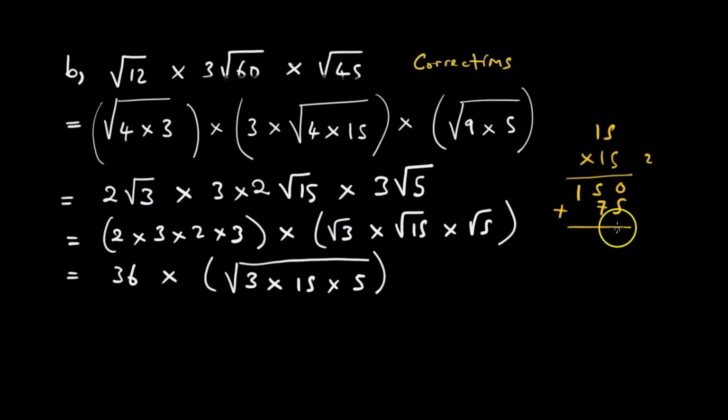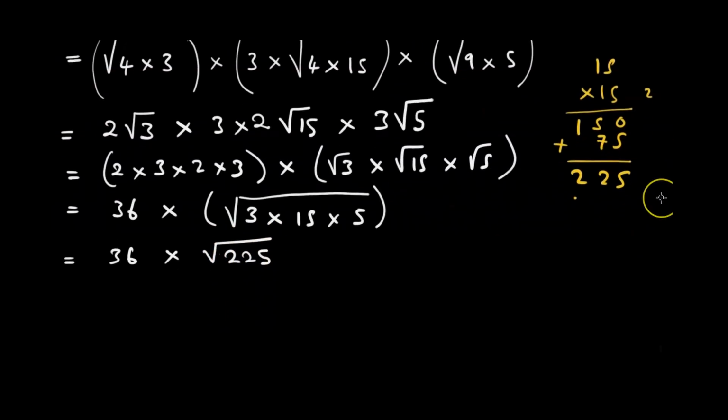If we add this, it's 5, 7, 8, 9, 10, 11, 12. So 2 carry 1. So it's actually 225. So here we have 36 multiplying the square root of 225. But the number 225 is very fishy. If you look closely you will see that it's actually fishy.